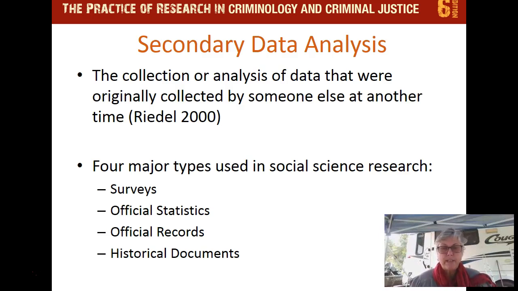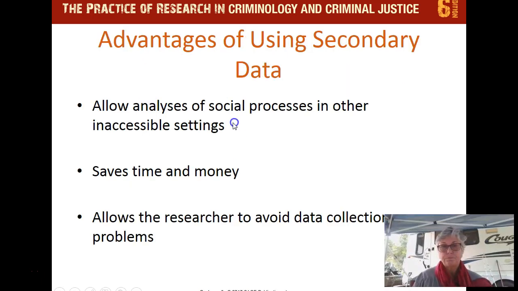And so there's four major types, which are surveys, official statistics, FBI, UCR, NIBRS, official records, historical documents, all of that. When you aren't collecting the data yourself, sending out your own surveys, doing experimental research, talking with someone in person, then you can use secondary data analysis.